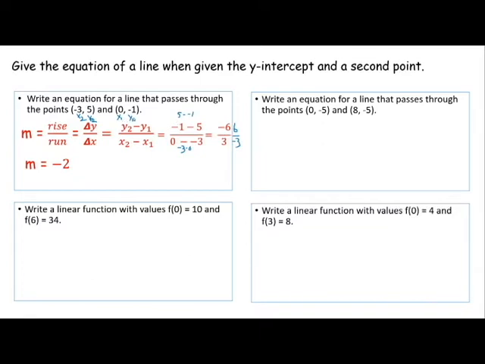Again, it does not matter which one is x1 and y1 and which one's x2, y2. The important thing is that x1 and y1 are together and x2 and y2 are together as well.